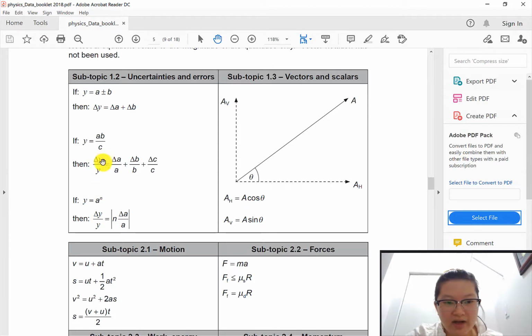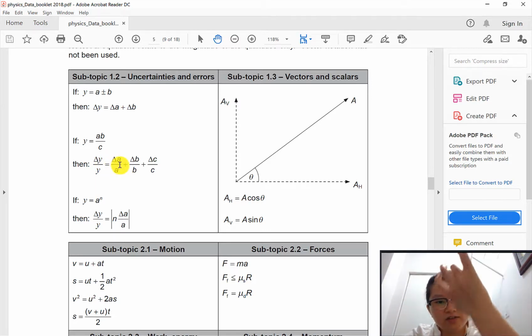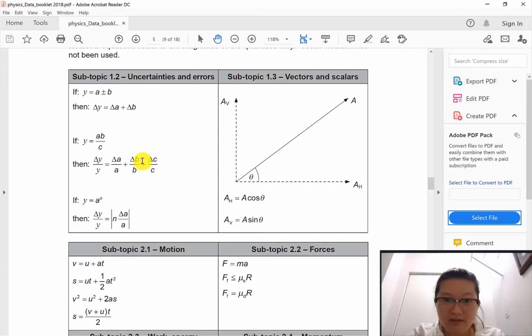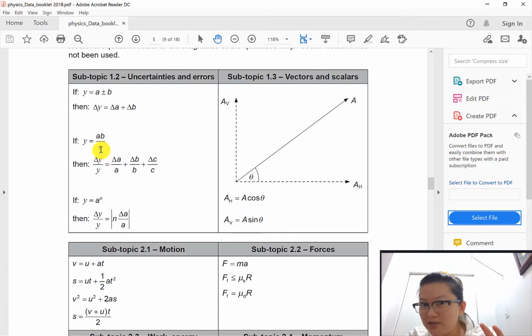Notice that's delta y over y, so that's the fractional uncertainty of your total. This is equal to the fractional uncertainty of A, fractional uncertainty of B, plus the fractional uncertainty of C, all added together. Notice in the end, you don't get absolute uncertainty, you get a fractional uncertainty.